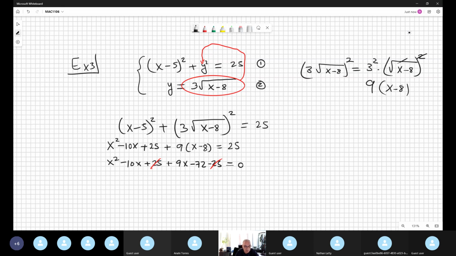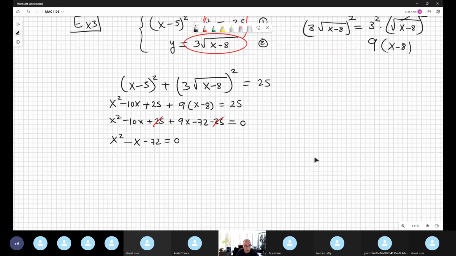And minus 10x and 9x combined is negative 1x. Actually, we have x squared minus 1x, because negative 10 plus 9 combined is negative 1. Minus 72 equals 0. Wow, and this is too easy.